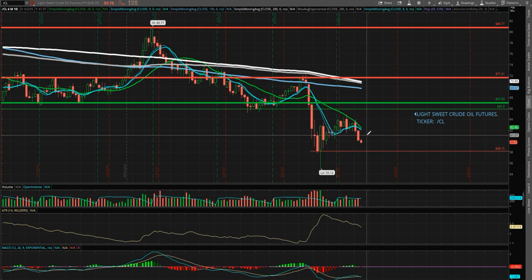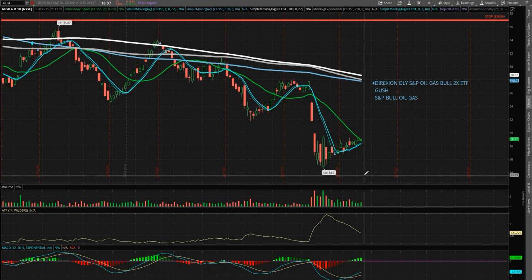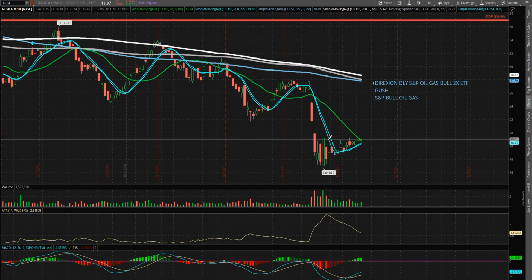Now we're getting the sell off in oil, and so GUSH is starting to follow it. GUSH is the same as oil, only it's an S&P bull ETF on oil and gas. How about that? Just like it's written there.